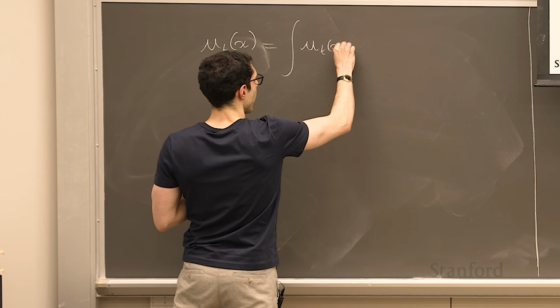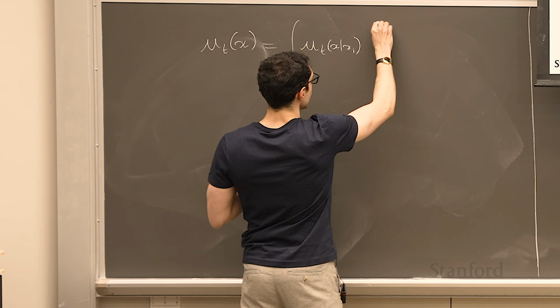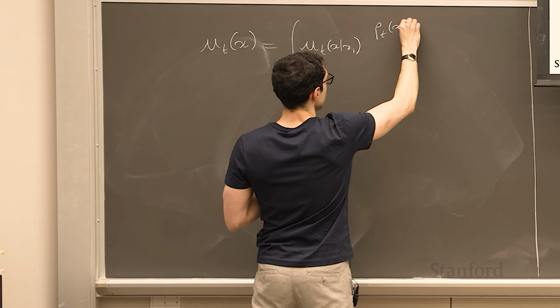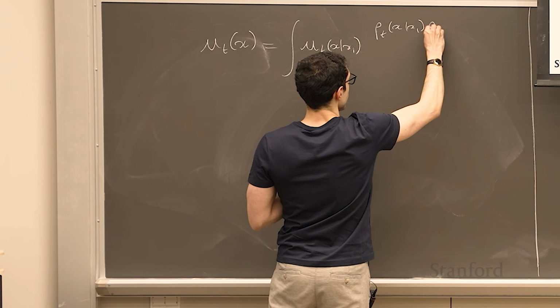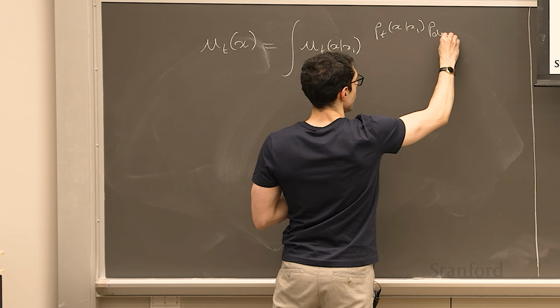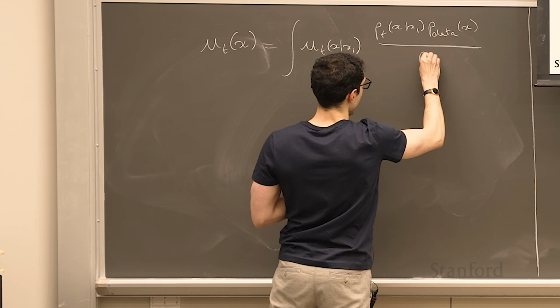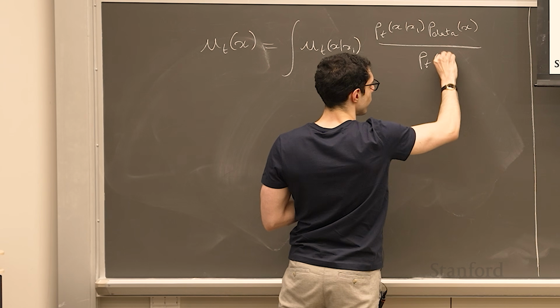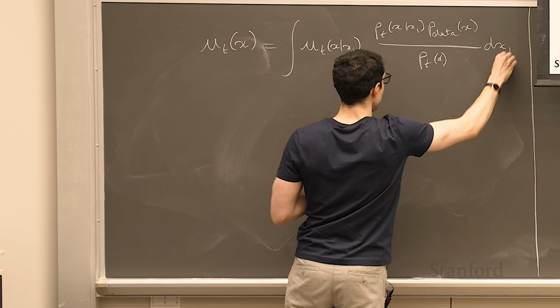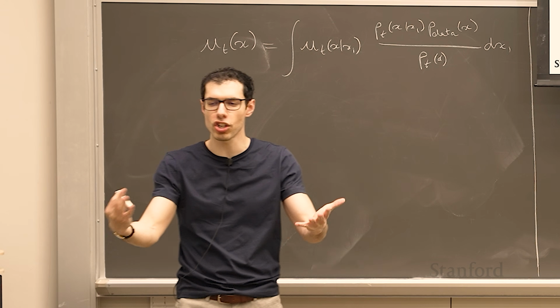I'm going to take my conditional vector field, and I'm going to aggregate it as follows. I'm going to say it's equal to this: the conditional probability path times p data of x1 over the marginal probability path, which we derived a short while ago. And this is my proposed definition of the marginal vector field.